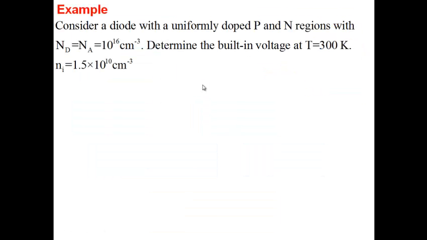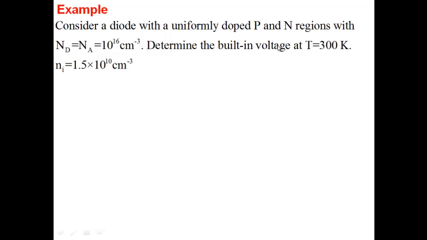And so a problem would be timely now. So let's calculate what is the built-in voltage. Okay, let's do it quickly here. So uniformly doped P and N regions, doping is given, symmetrical junction, Nd equal to Na equal to 10 to the power 16.